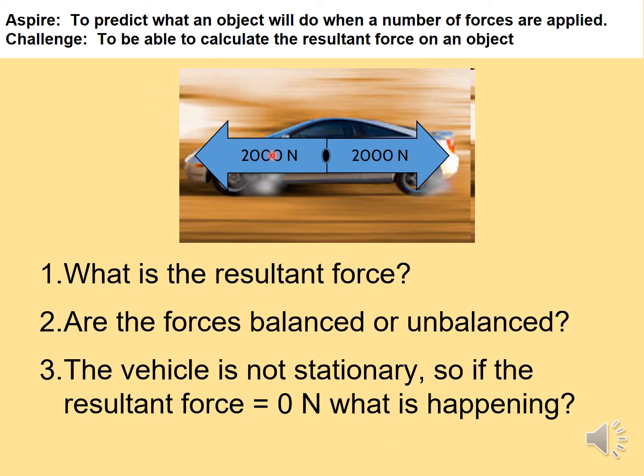The vehicle is being pushed forward by the force provided by the engine, but as it moves forward, the air resistance from hitting particles will eventually balance the push force of the engine, resulting in a balanced force, a resultant force of 0, and yet the vehicle is moving. It's moving at a constant speed in this example. Same thing would happen with the skydiver, and I'm going to give you that as an example that you will need to work on as we move forward.